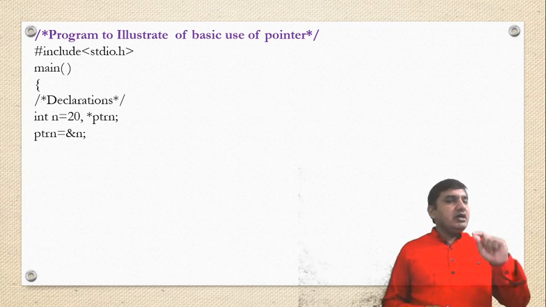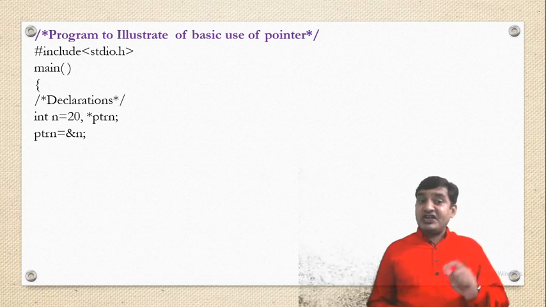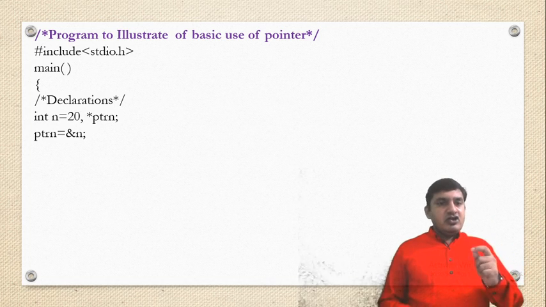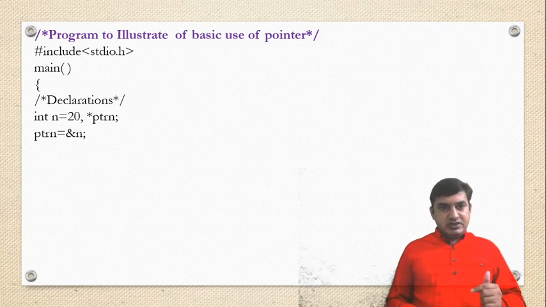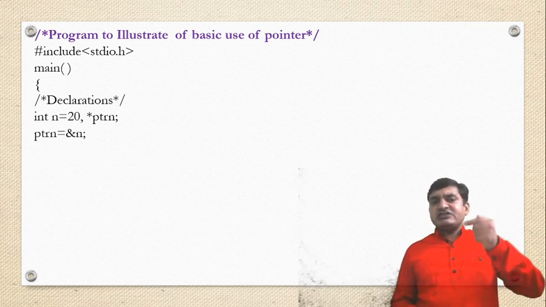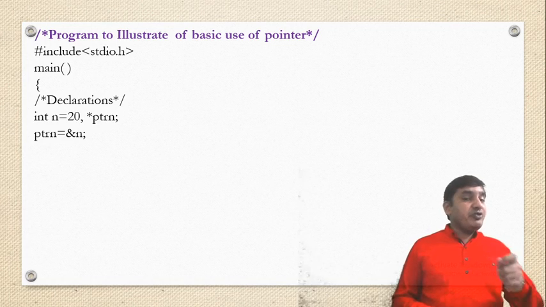N is equal to 20, which is an integer. Asterisk pointer, which is also a data type. Pointer n.